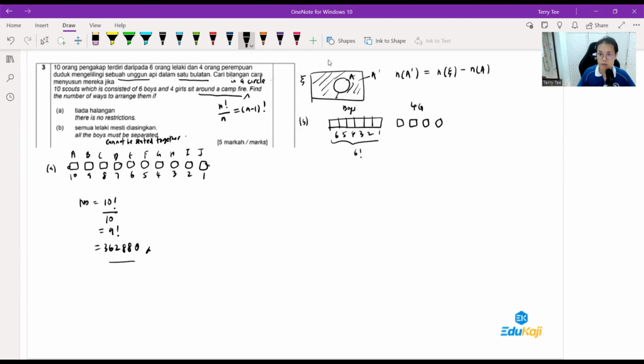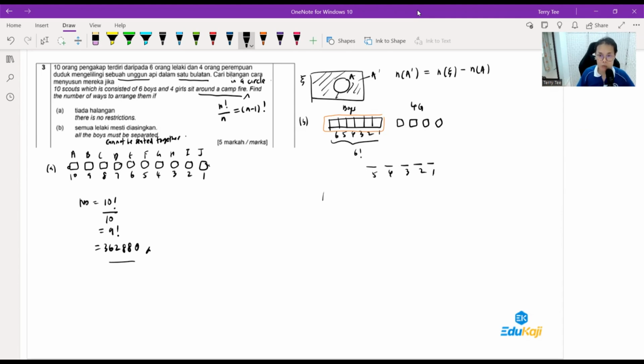And how many ways to arrange the boys and the girls? Now remember, we need to treat the boys as a block of boys. They are together. If one goes, all of them must go together. So what we should do next is to arrange these 4 girls plus 1 block, which is 5, 4, 3, 2, 1, which is 5 factorial.